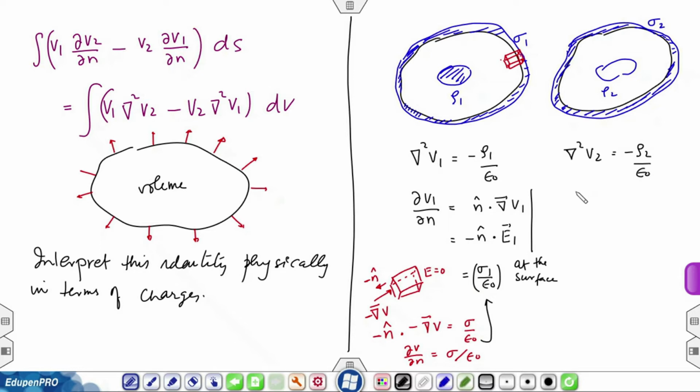Similarly, for the right hand side, I am going to have dV2 by dn is equal to n dot grad of V2, which is minus n dot E2, which is going to be sigma 2 over epsilon 0. And now, I will collect all the terms and see what I get if I put them in Green's second identity. So, let us do that in the next slide.